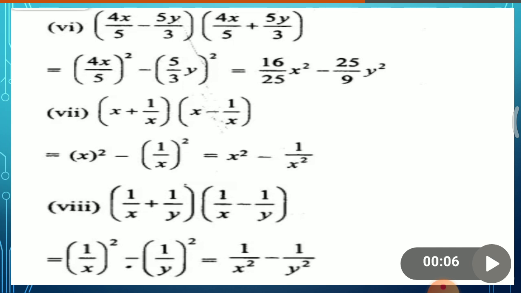A square means 4x by 5 whole square, minus b square 5 by 3y square. 4 4 is 16, 5 5 is 25, x square, minus 5 5 is 25 and 3 3 is 9, y square. Okay guys, so all of you solve all these questions in your spare copy and revise again and again.